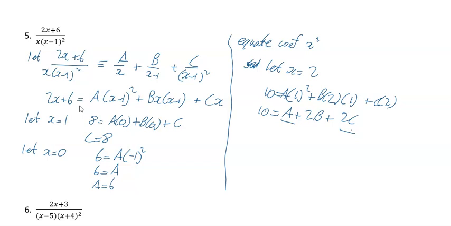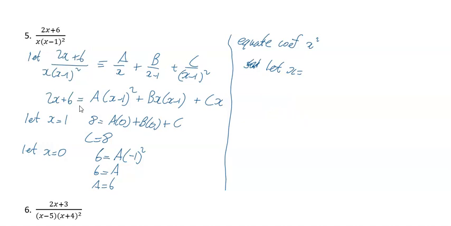But let's see if we can use our equating coefficients method to do this. As I said, we're going to equate coefficients of x squared. On the left-hand side, you haven't got any x squared terms at all, so you have none of them. On the right-hand side, you've got (x minus 1) squared.